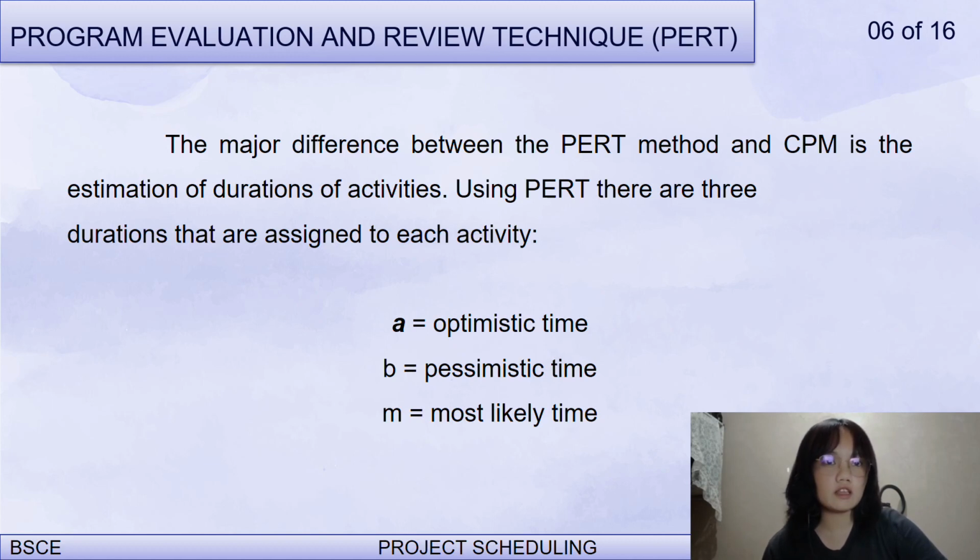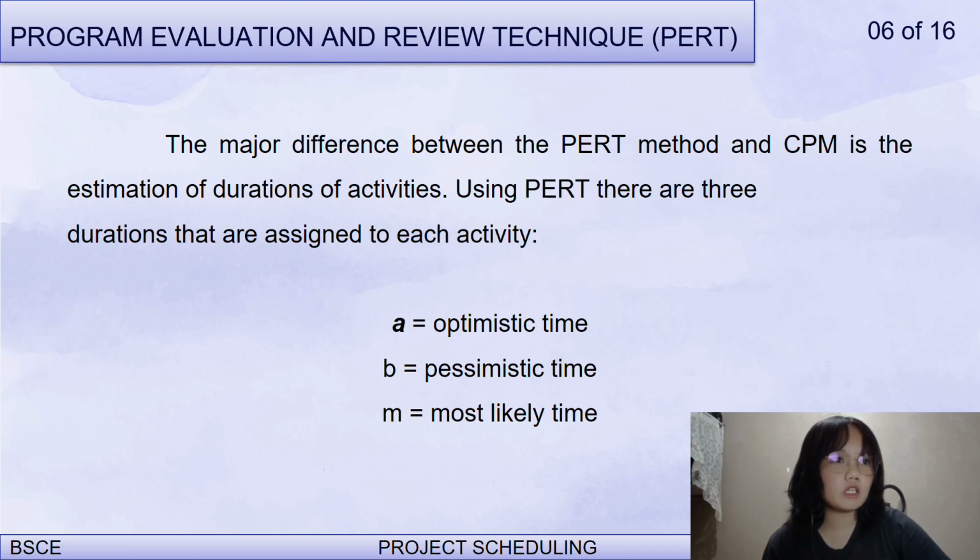The most likely time is the time the activity could be accomplished. If it could be repeated many times under exactly the same condition, it is the time that it would take more often than any other time. The most likely time is the time the manager will probably give if asked for a single time estimate.